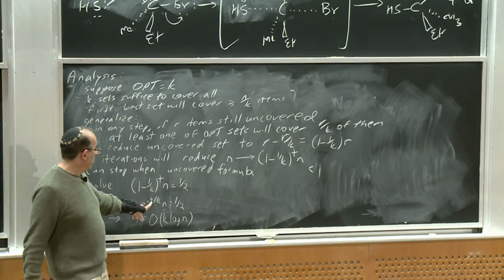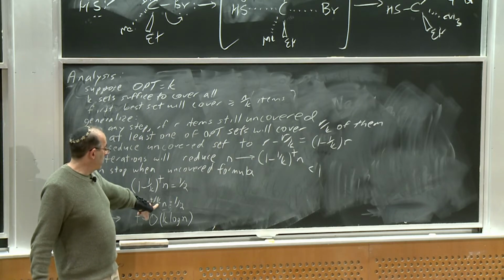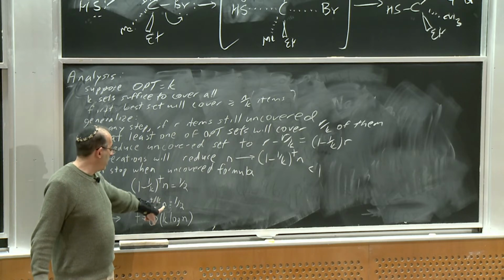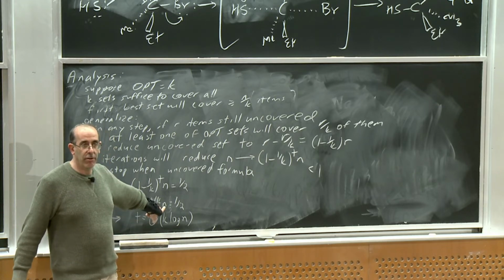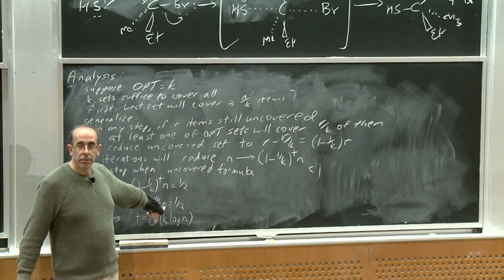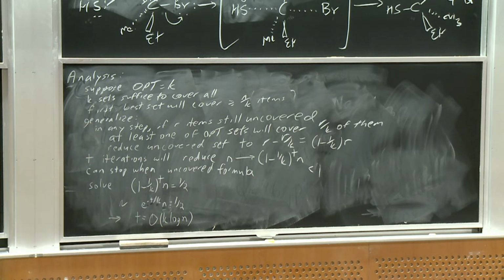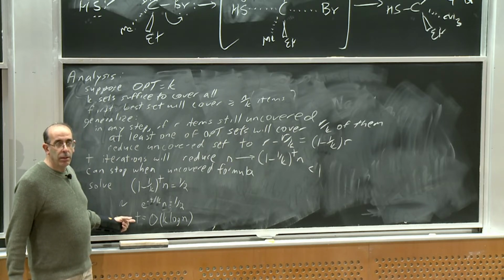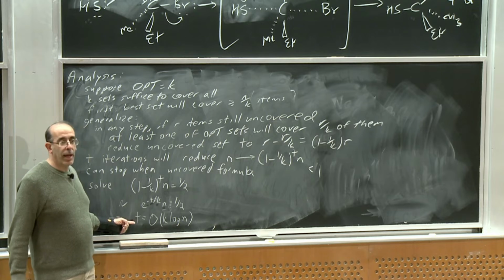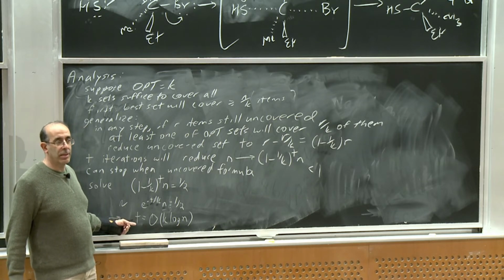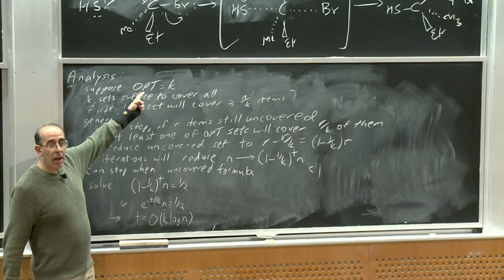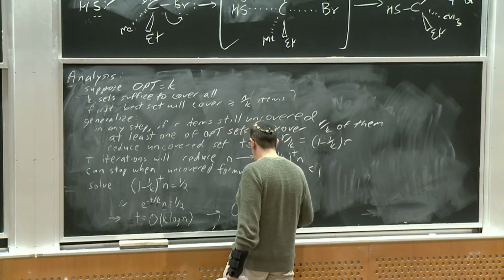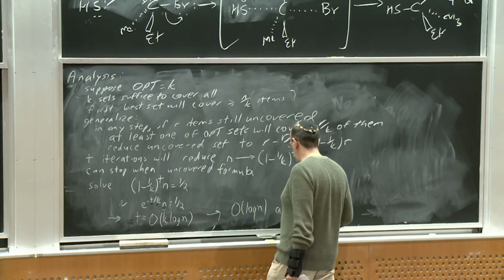Once we set t equal to k log n, the k is destroyed by the division by k, and then we're left with log n, which cancels the n factor. So going back up, we're able to find a solution after k log n iterations, which means we've used k log n sets. This compares to an optimum of k, and so that means that we have an order log n approximation.